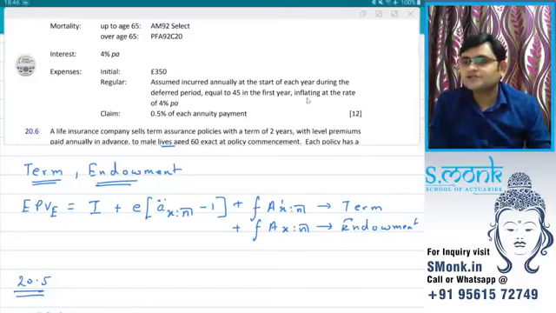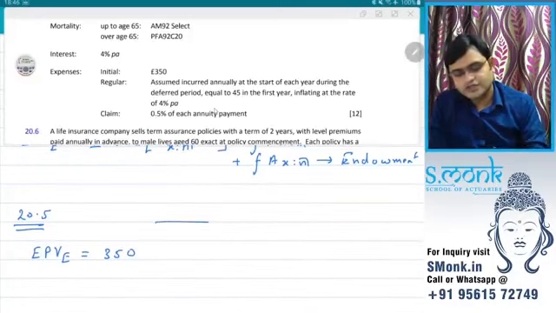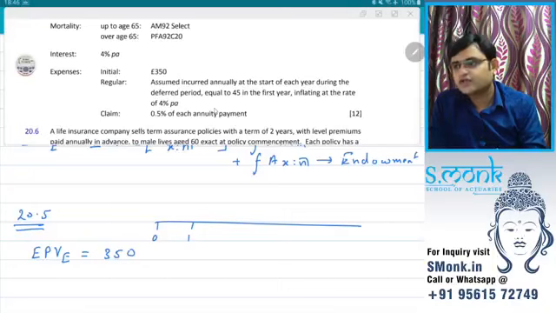But we have something else: an inflation rate of 4%. That just means in the first year the renewal expense was 45. In the second year it was 45 into 1.04.